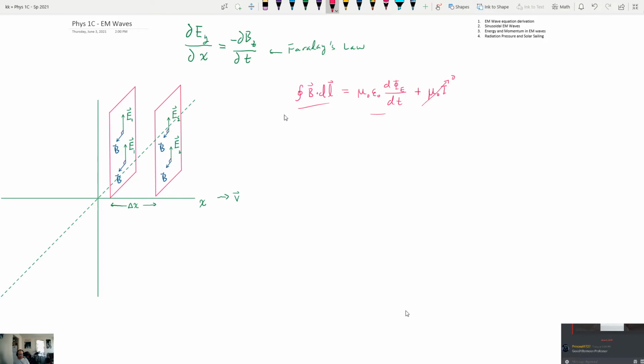So let's start with the one on the left, the integral of B dot dl. In order to calculate that, we're going to have to draw a loop on our picture right here. So let's go ahead and do that. The loop that we're going to draw is going to come, I'm going to draw along the bottom edge down here, like this.